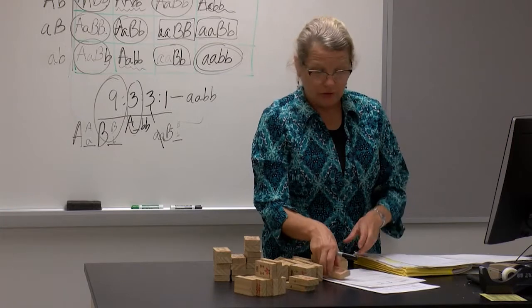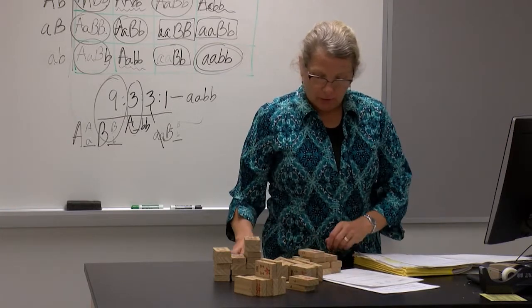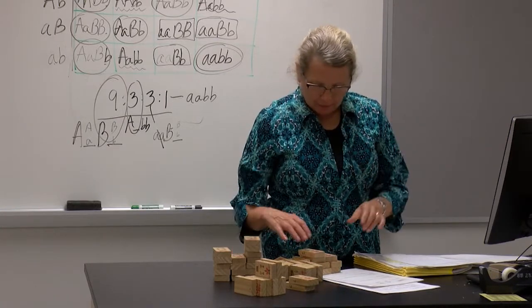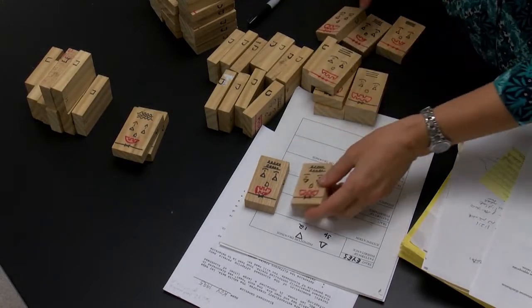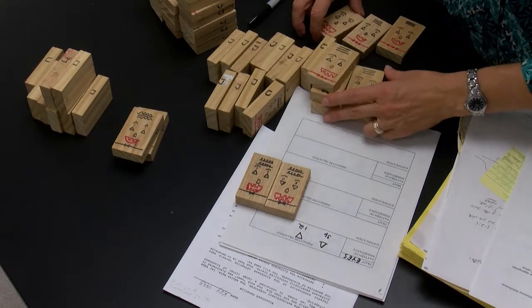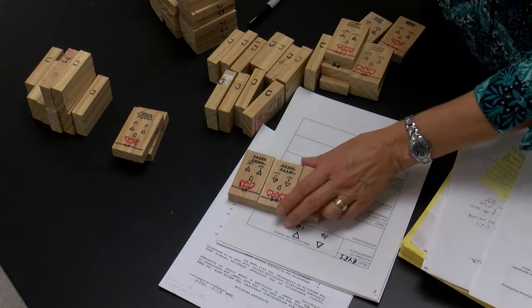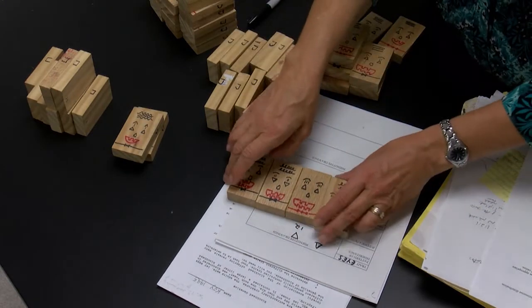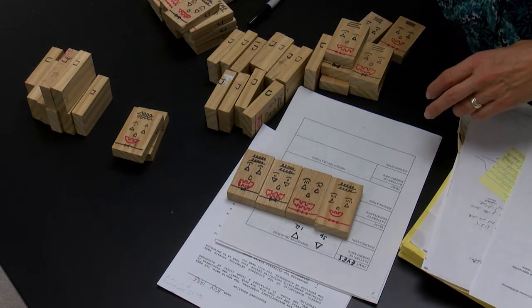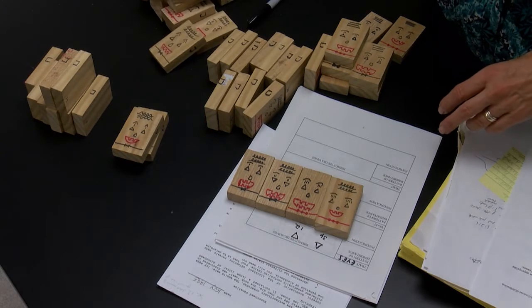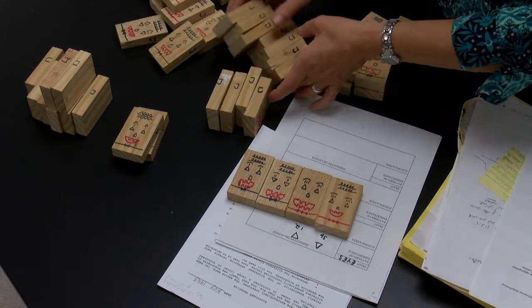We've only got 2 more traits to go. So why don't we look at number of eyelashes? You can see this one has 1 eyelash, 2 eyelashes, 3 eyelashes, 4 eyelashes. Let's see if there's one more phenotype that we have with the number of eyelashes.